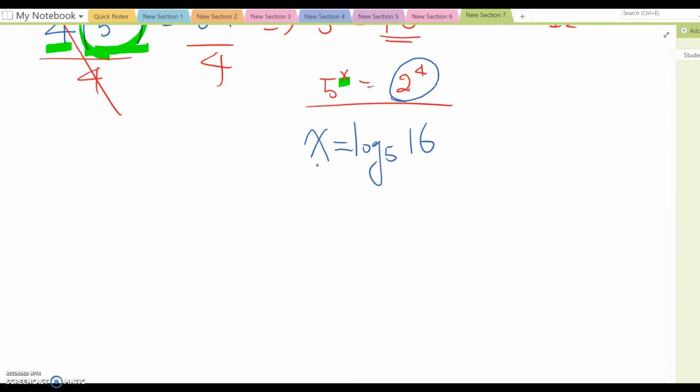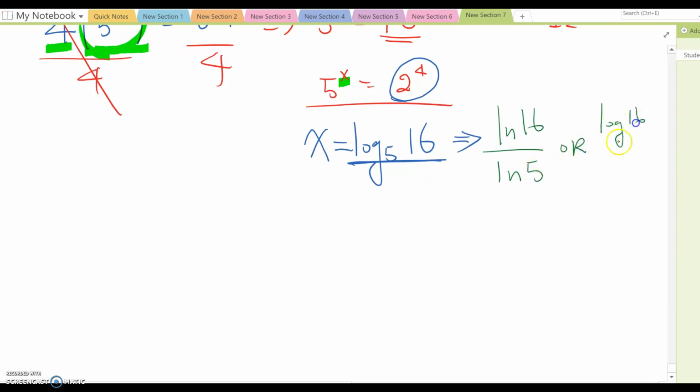As you see, we cannot find this value directly, so you have to use the change of base property and then input it into the calculator. We can find this value using either ln 16 over ln 5 or log 16 over log 5.